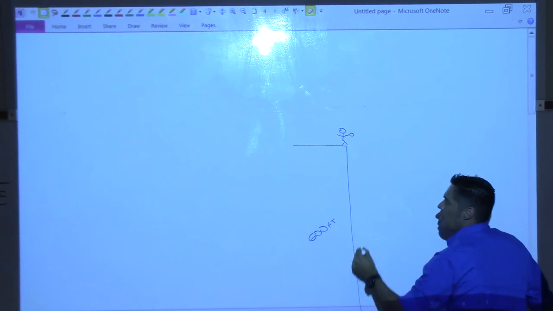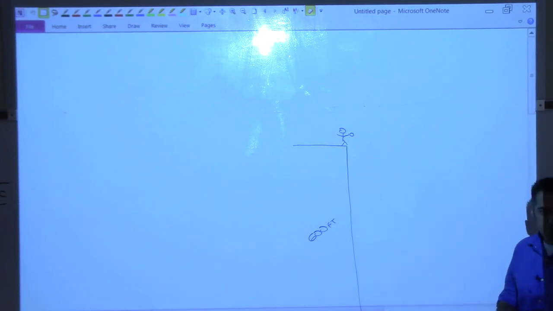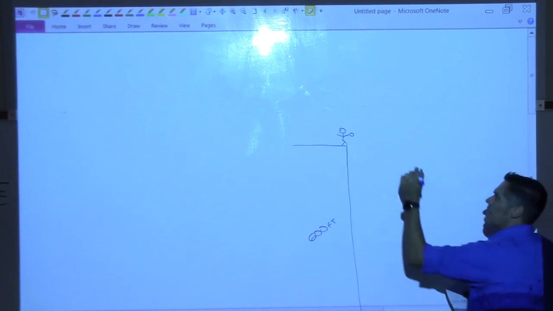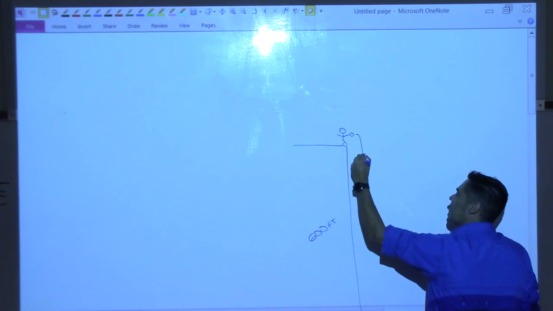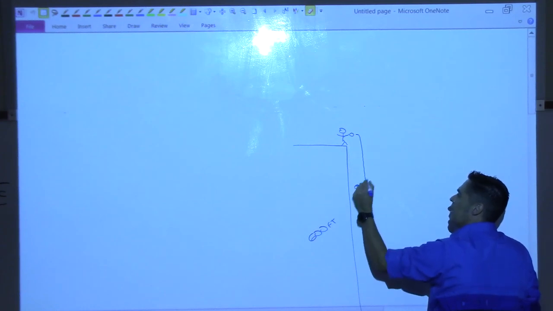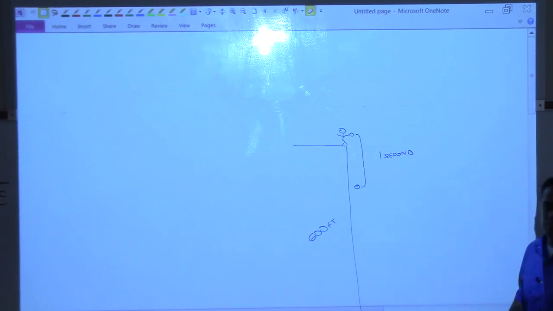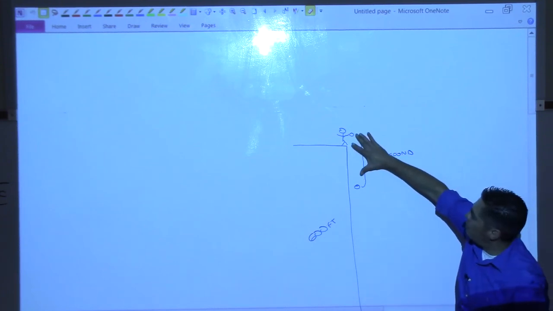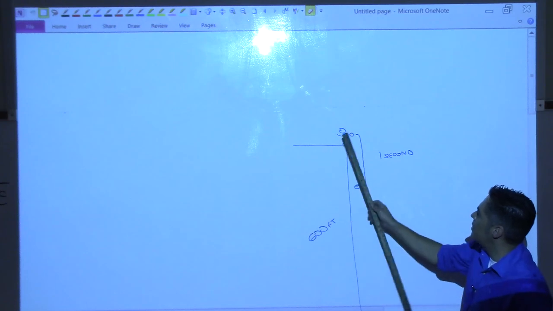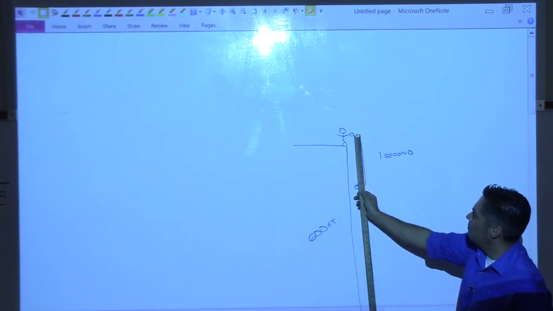If they drop a rock, that rock is going to travel a certain distance in the first second. So they drop the rock, they start timing, and after 1 second it's there. Let's say we can measure it, whatever it is. It's traveled that far in 1 second.